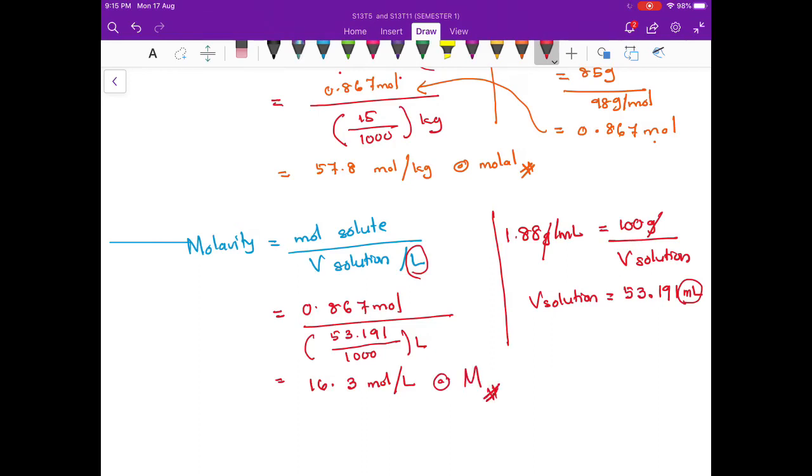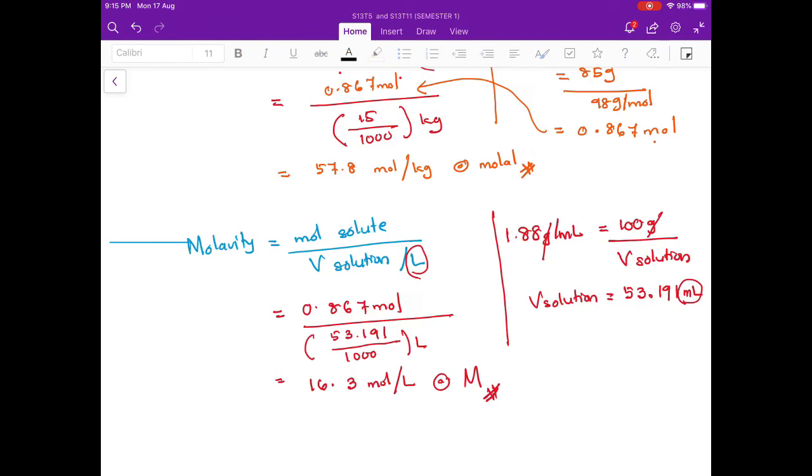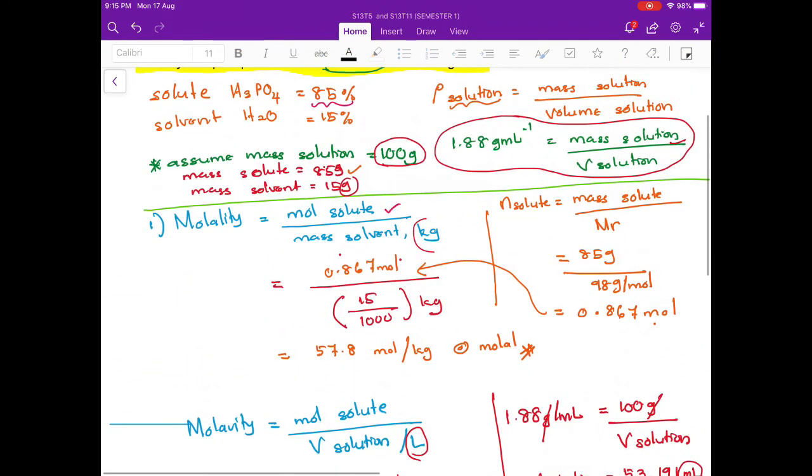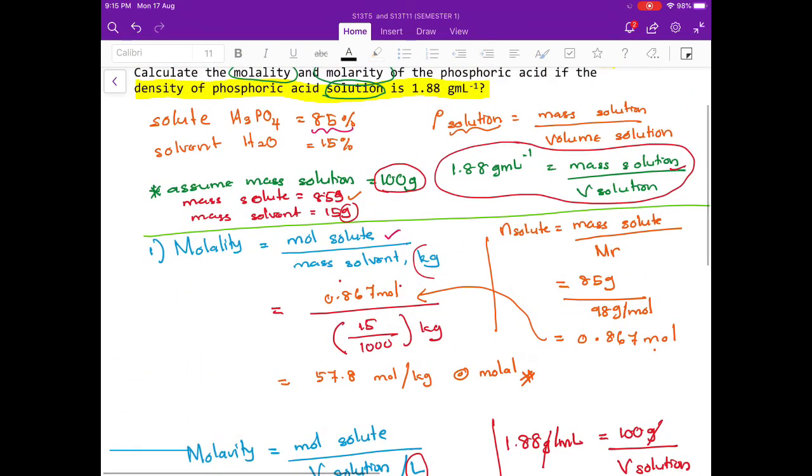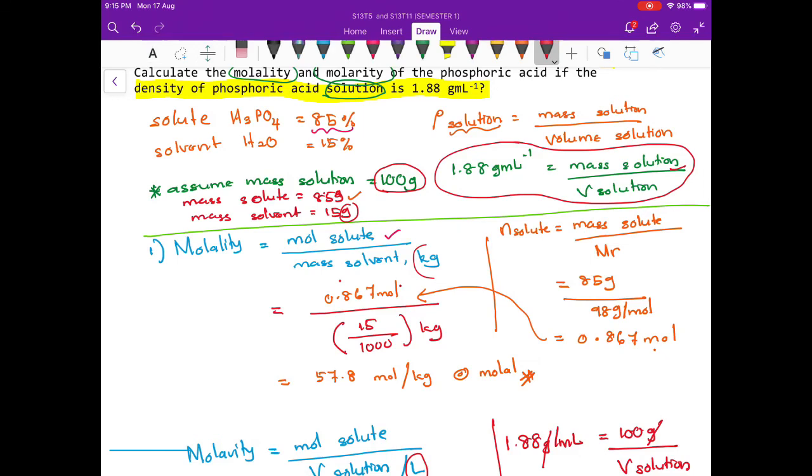So this is the answer for both molality and molarity. But before we end this explanation, I will recap a little bit. First, in order to answer the question, you have to show the formula for the calculation. Let's say molality. This is the complete formula, including kilogram, solvent, solute.